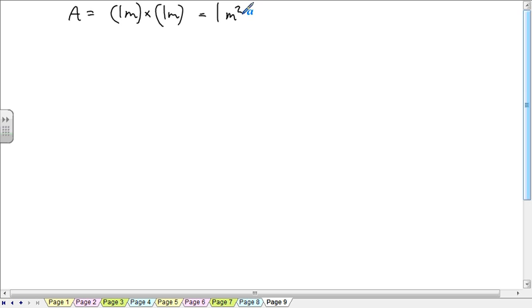So what's the length? Yep. The length is 0.02 meters. For glass, this is something I'd have to give you in the problem. The thermal conductivity is 0.84 joules per second meter degree Celsius.